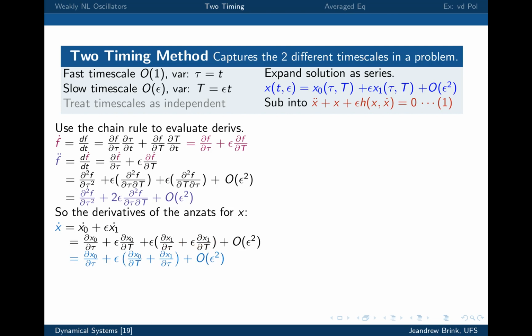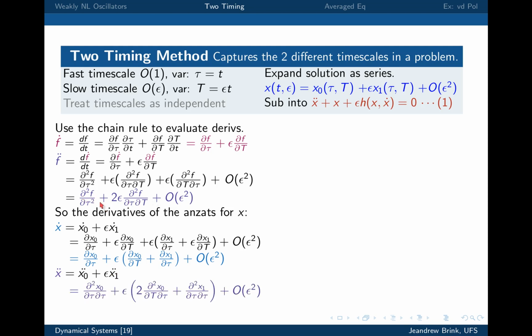Okay, and so we take the next step and just simplify it. We have dx0/dτ plus epsilon times dx0/d slow time plus dx1/d fast time. So you can see how the different orders are combining in a slightly less trivial way than what they did with the regular perturbation. And the second derivative we can also work out, it's just the second derivative of x0 plus epsilon times the second derivative of x1, except now we're going to use this expression over here.